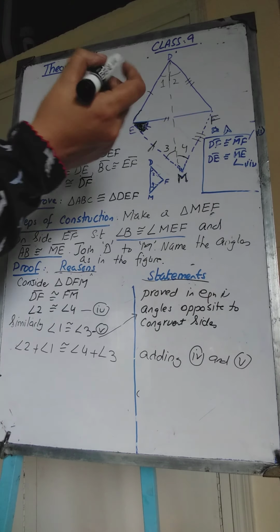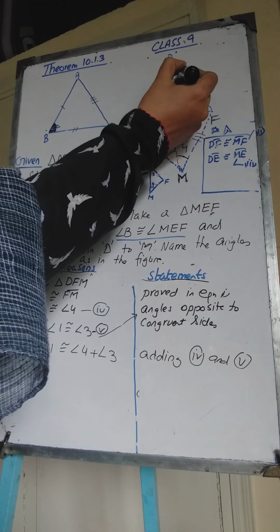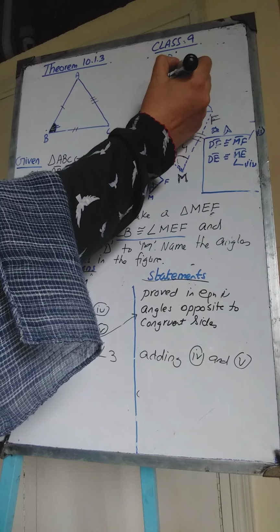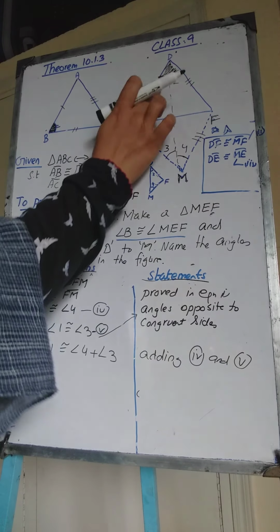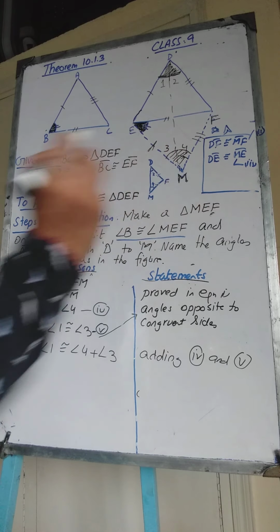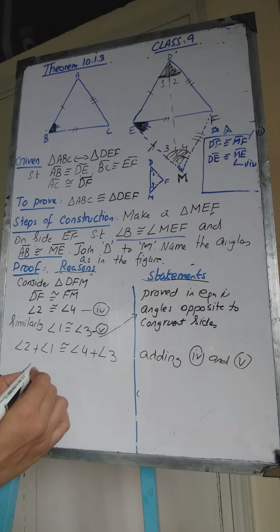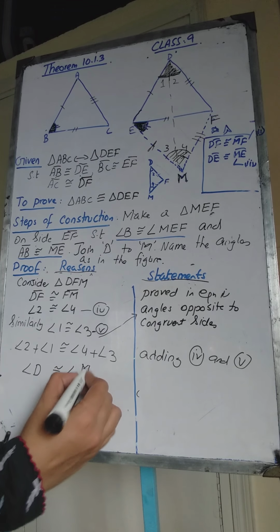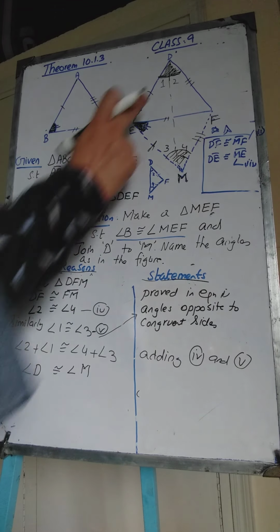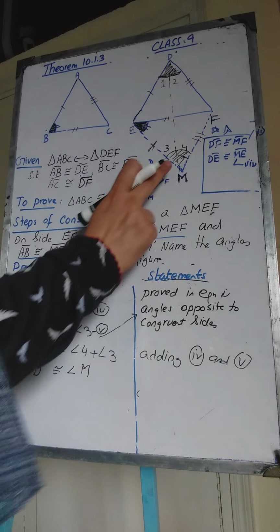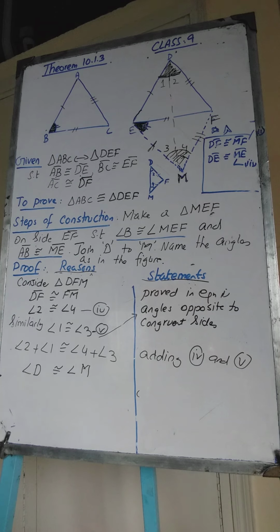Now angle 1 plus angle 2 form the angle which is angle D, and angle 3 and 4 will add up to give angle M. So we can say that angle D is congruent to angle M. Angle 1 plus angle 2 makes the angle D, and angle 3 plus 4 makes the angle M of this triangle.